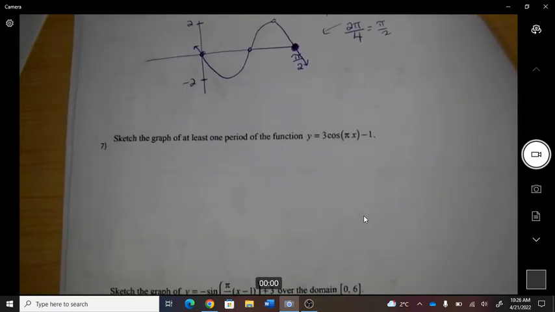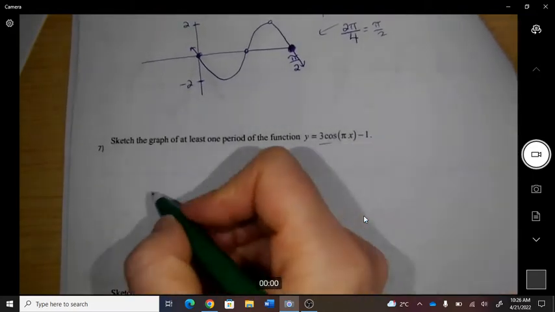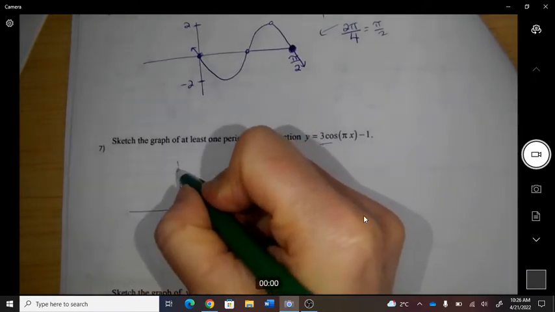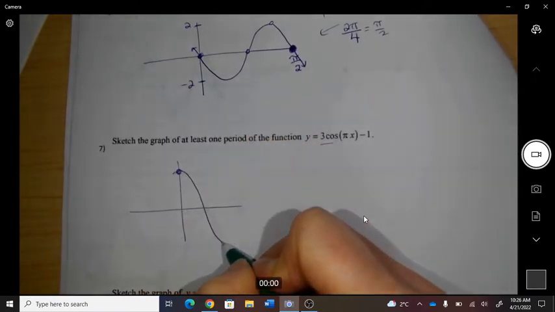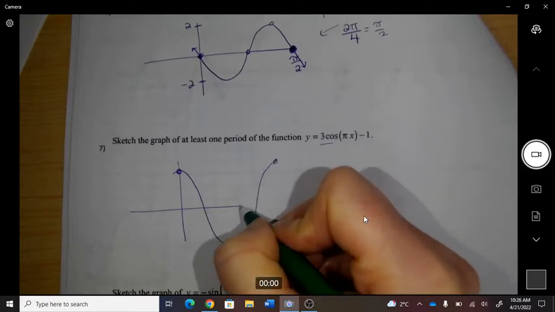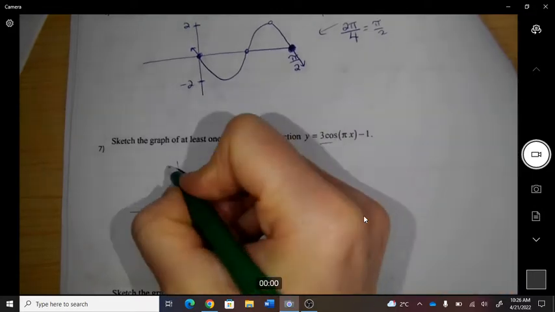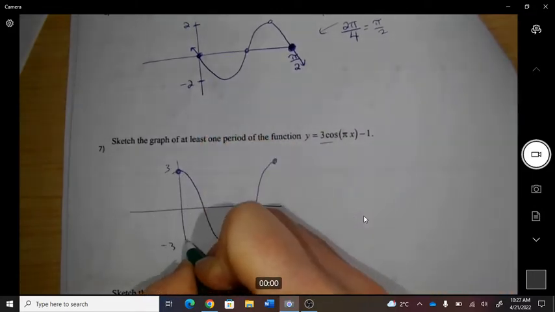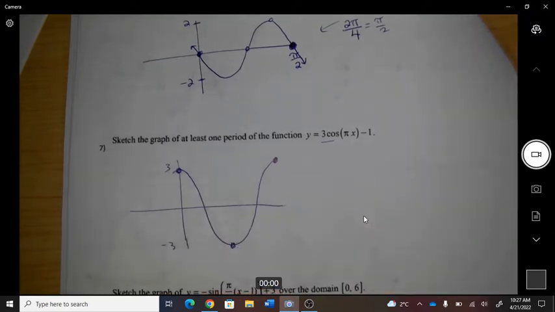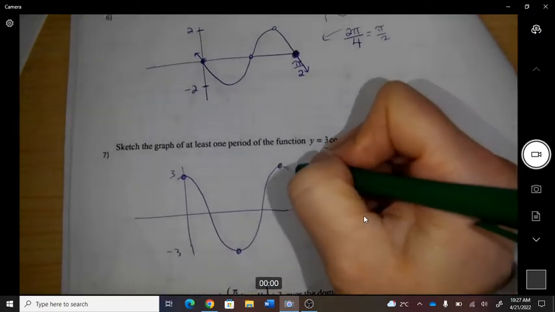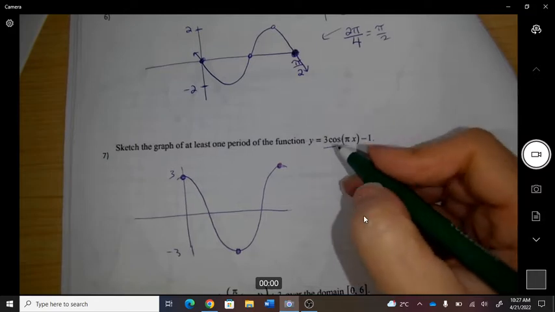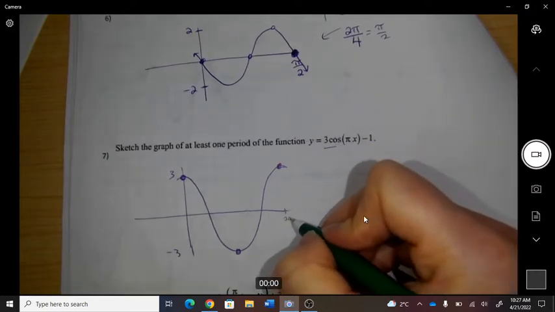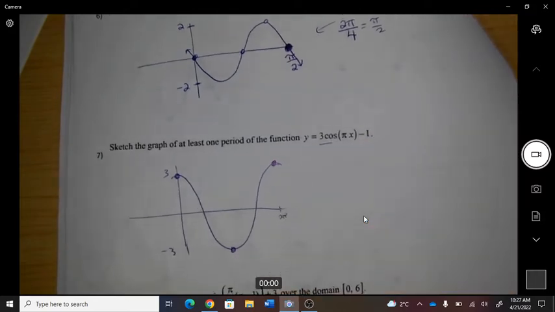Sketch at least one period of this function. So 3 cos. Cos starts on a top. So 3 and -3 are now the new highs and lows. Okay, so I normally have a 2 pi on that x value right there.